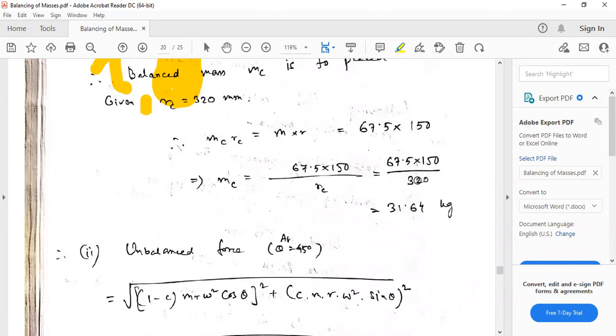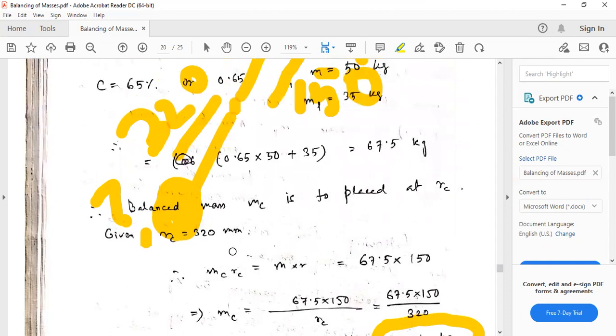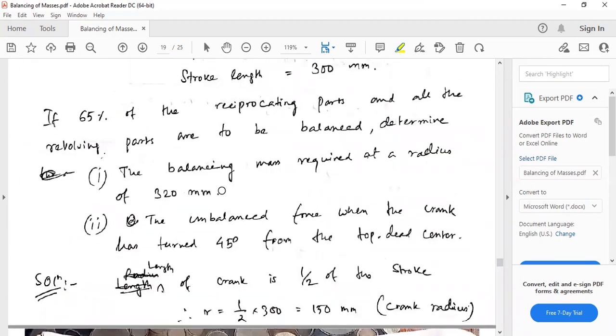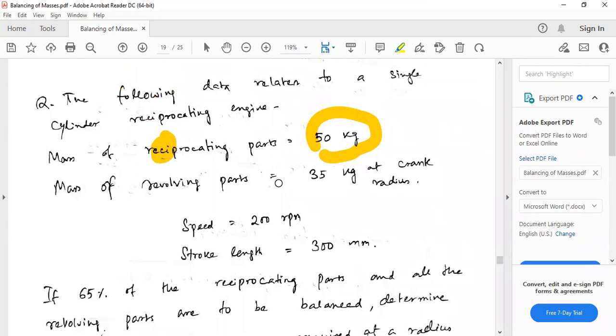So Mc into 320 equal to 67.5 into 150. By solving it, we find that 31.64 kg of balancing mass is required to be placed at 320 mm distance from the crank. This is how we balance both the reciprocating and rotating masses.